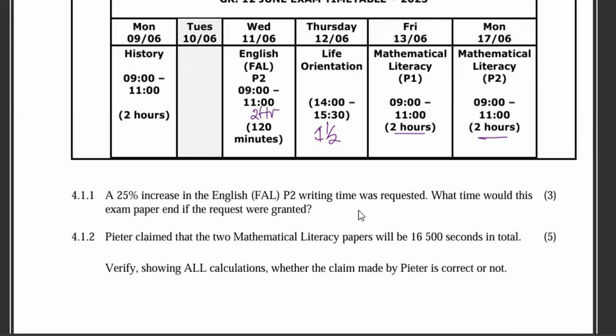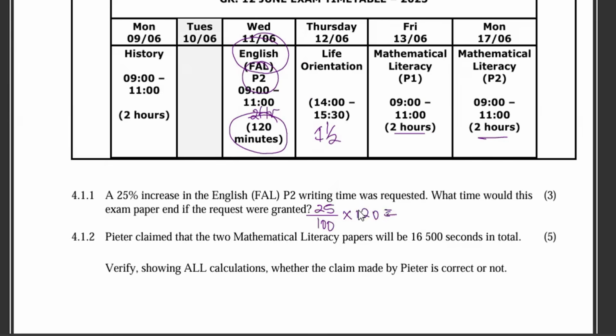First and foremost, look for 25% of the time needed. Now we are looking at English paper 2. They have already told us the time is 120 minutes. So we shall say 25 over 100 times 120.